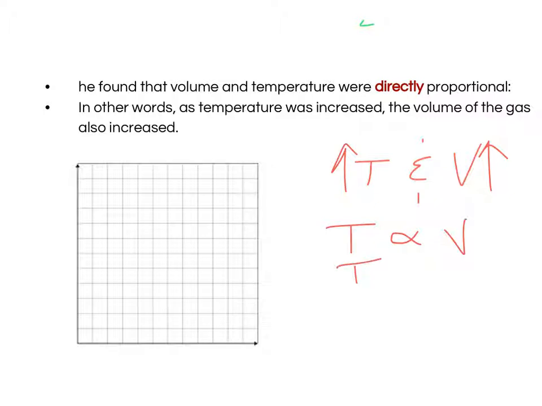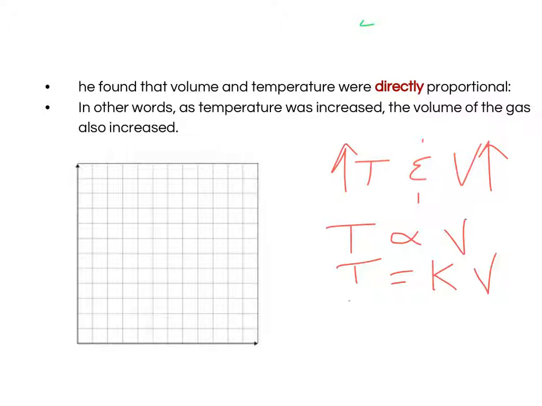Well, we insert a proportionality constant, which I'm going to use as K. So let's look at this. I want you to think about grade 9 math for a second. And I want you to think about, well, what kind of relationship is this?